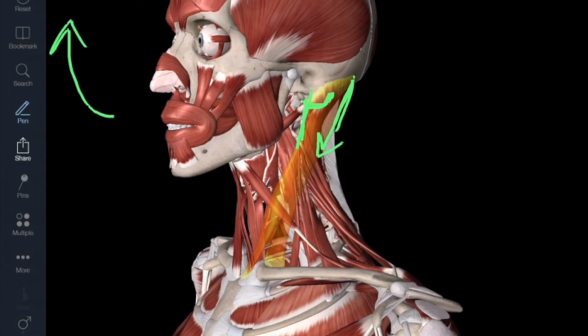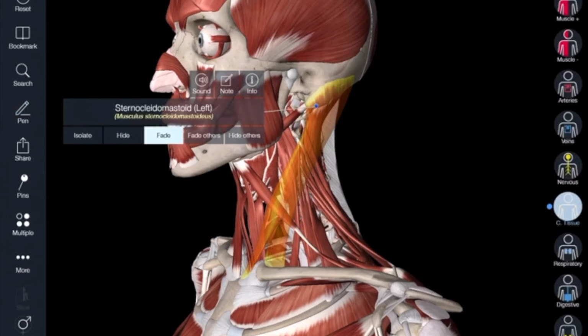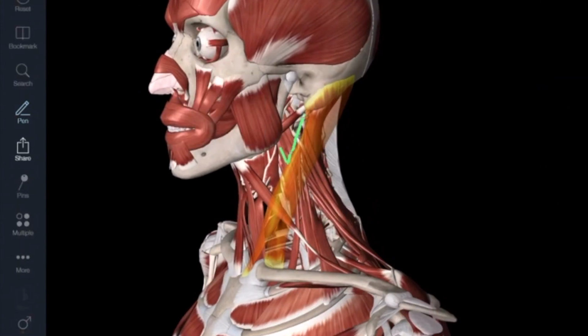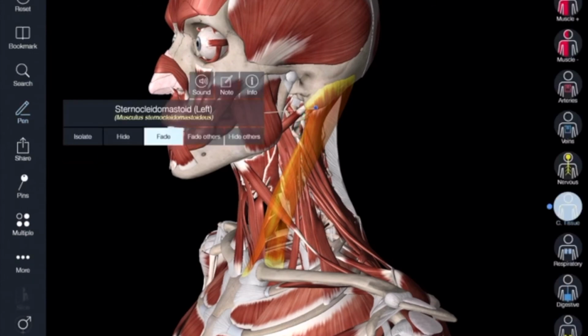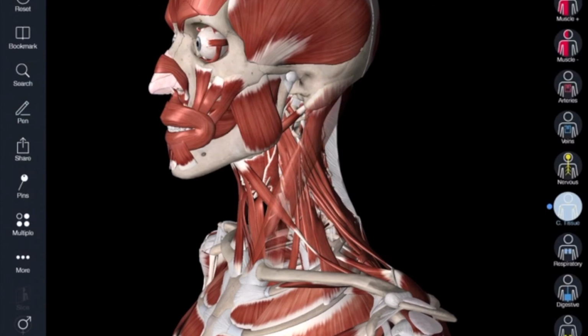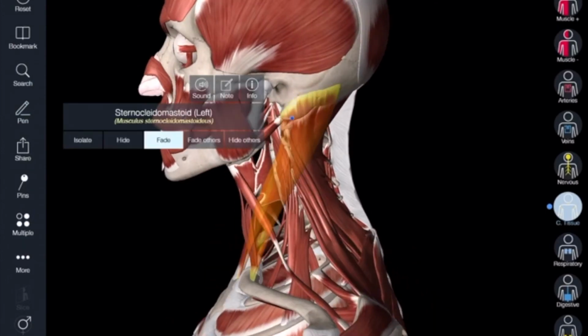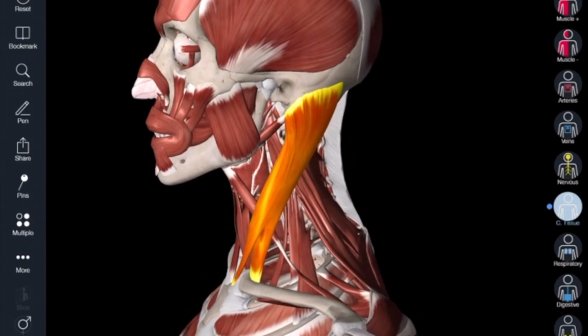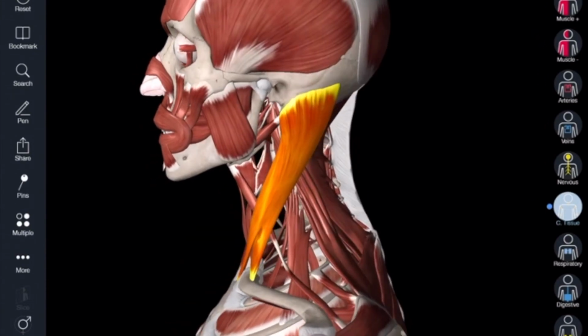So extension of the head and neck is one action of sternocleidomastoid. If these fibers here pull down, then the head's going to go this way, and then we have flexion of the head and neck. So here we have one muscle with opposing actions. So we can do both flexion and extension of the head and neck.